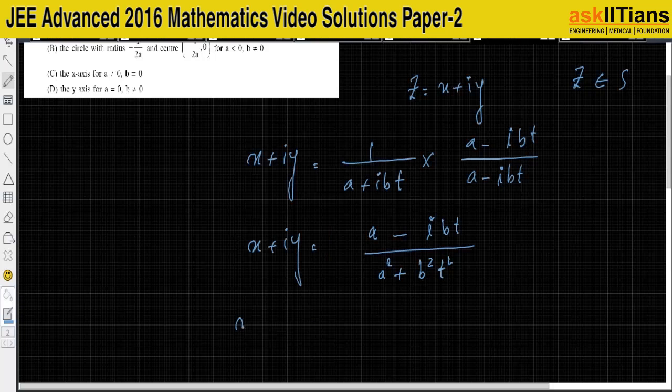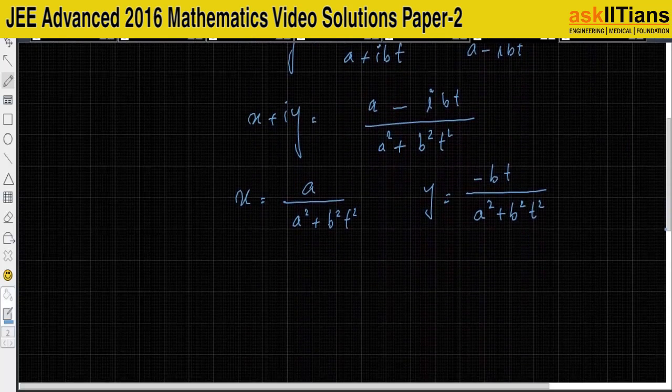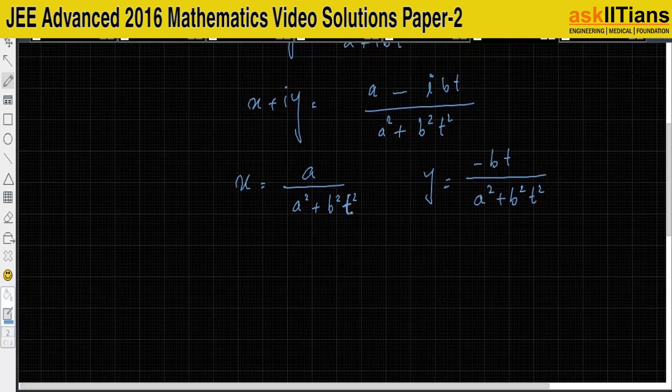So from here, if I compare, I'll get x equal to a by a square plus b square t square, and I'll get y as minus bt divided by a square plus b square t square, right? So these are the values of x and y that I'm getting. Now this x, y lies on what, right? So if I eliminate t from here, I'll get some equation, right?